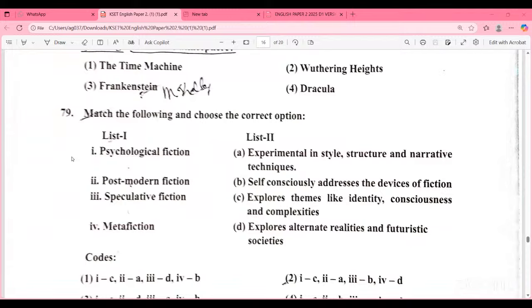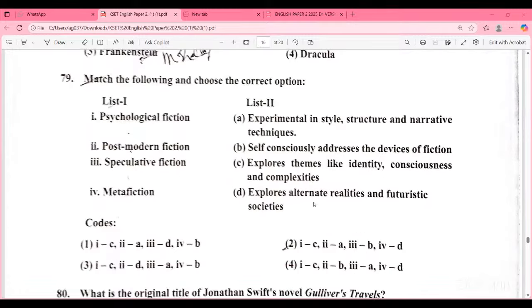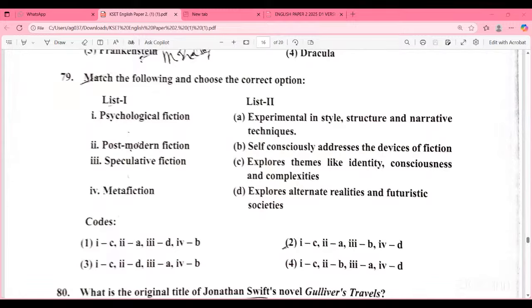Next, we have some types of fiction and their description on the other side. Let's match. First, we have psychological fiction. Psychological fiction explores themes like identity, consciousness, and complexities. 1C, okay? Postmodern fiction, experiment style, structure, and narrative techniques. 2A.